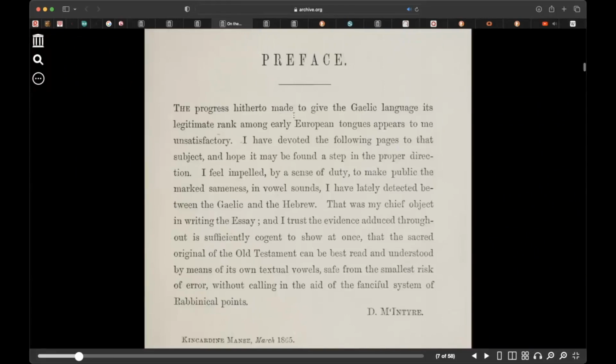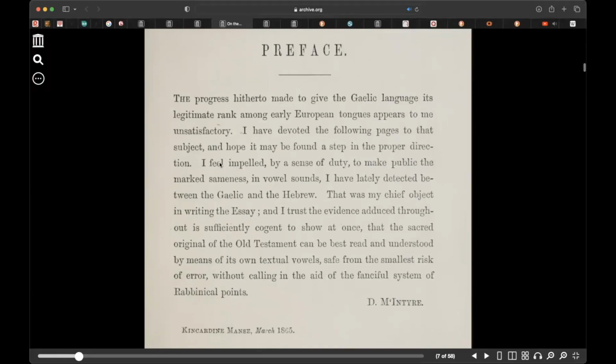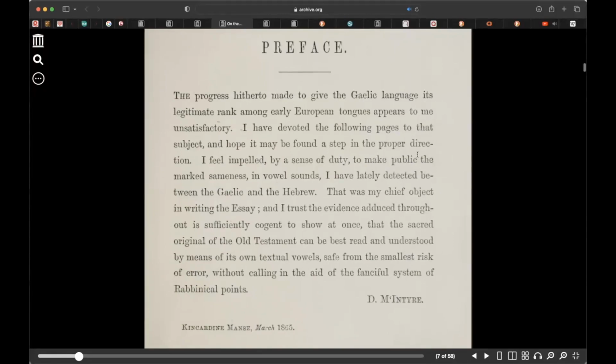It says here in the preface, the progress hitherto made to give the Gaelic languages legitimate rank among early European tongues appears to me unsatisfactory. I have devoted the following pages to that subject, and hope it may be found a step in the proper direction. I feel impelled by a sense of duty to make public the marked sameness in vowel sounds I have lately detected between the Gaelic and the Hebrew.